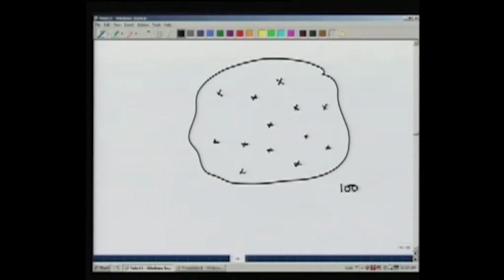For example, in India, the guidelines are for 1,000 square kilometer area, if we have plain area, 2 rain gauges are sufficient.